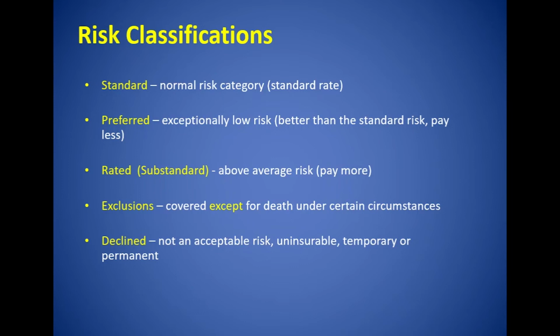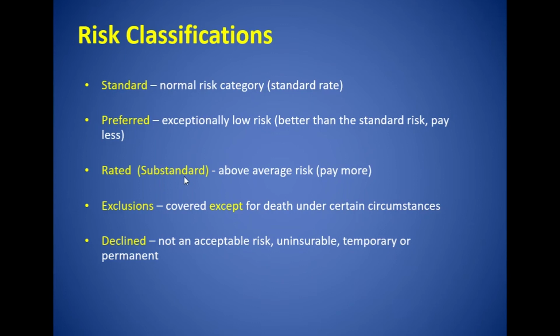So declined again means you are not an acceptable risk to that company. Now, because different companies have different underwriting standards and requirements, you might be declined at one company, but you might be rated or deemed to be substandard at another company.